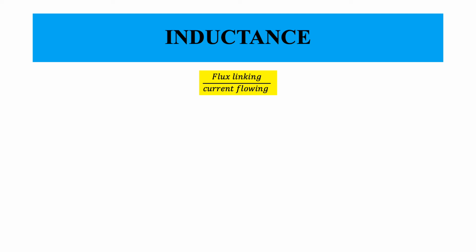But traditionally, capacitance is discussed by talking about the charge stored for the voltage applied, and inductance in terms of how much flux links a particular circuit for a certain current flowing in the circuit. So inductance is defined as the ratio of the flux linkage to the circuit to the current flowing.